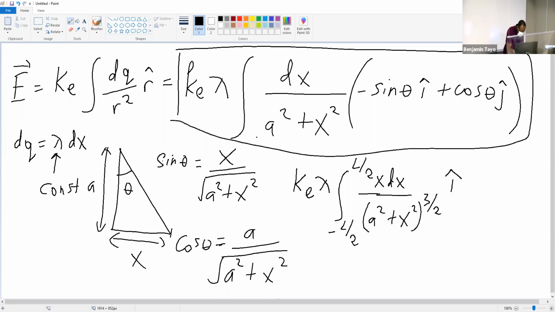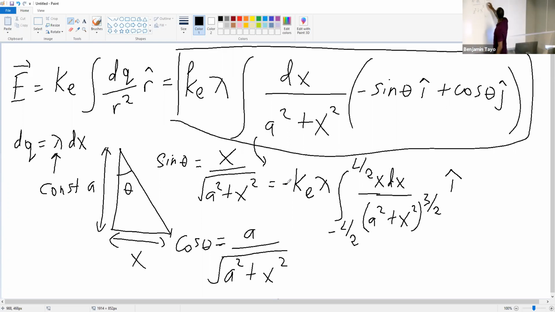So everything here is equal to this. Remember that this negative here just comes from that negative sign. Now, does everyone see where the a squared plus x squared to the power 3 over 2 comes from? The 3 over 2 comes from the fact that sine is x over a squared plus x squared to the power of half. So let me write it on the board here. You have the x over, then we multiply this by sine.